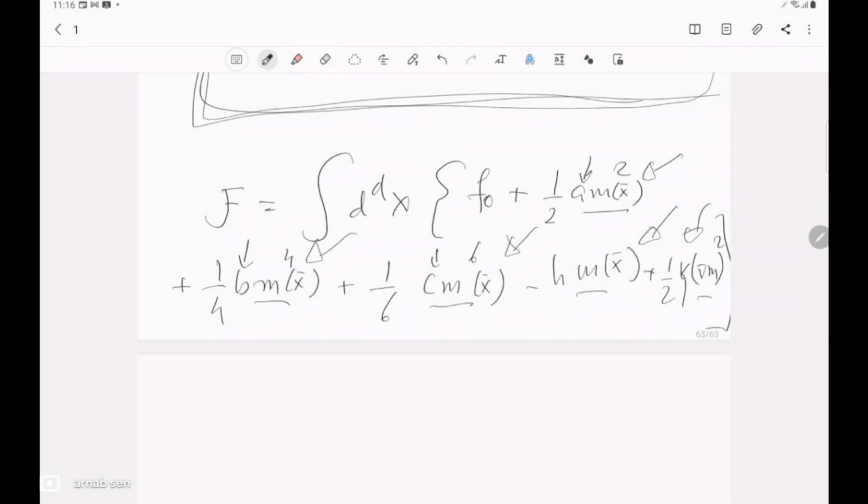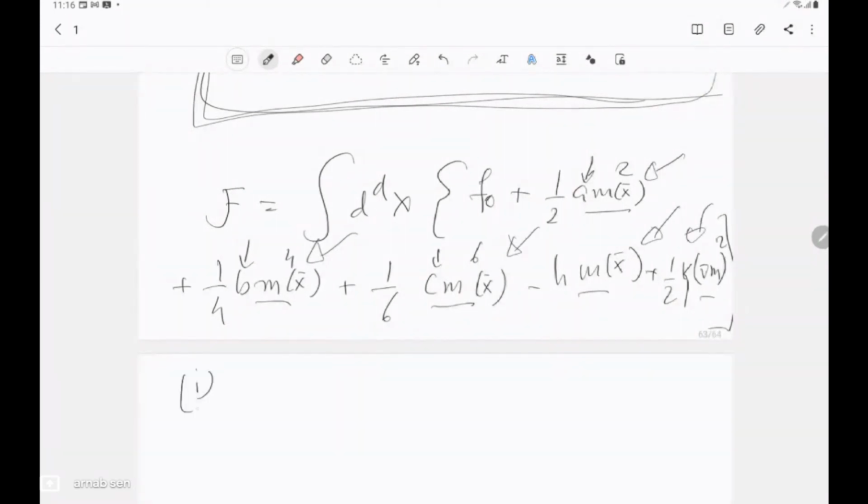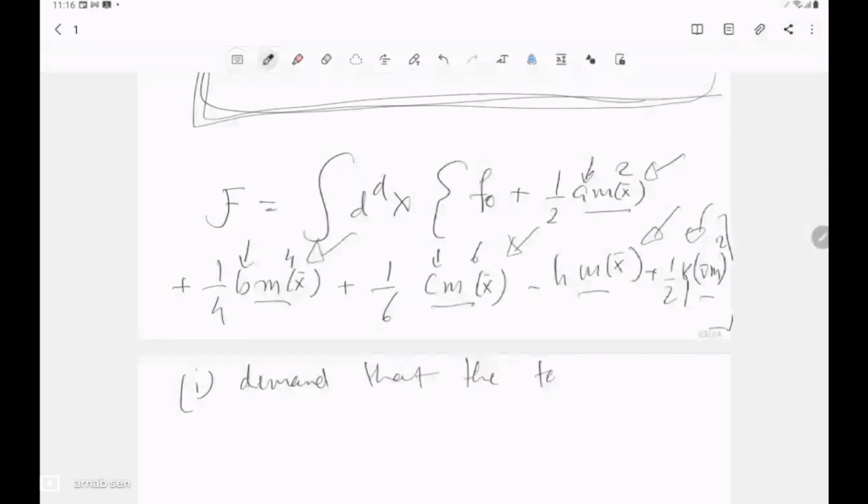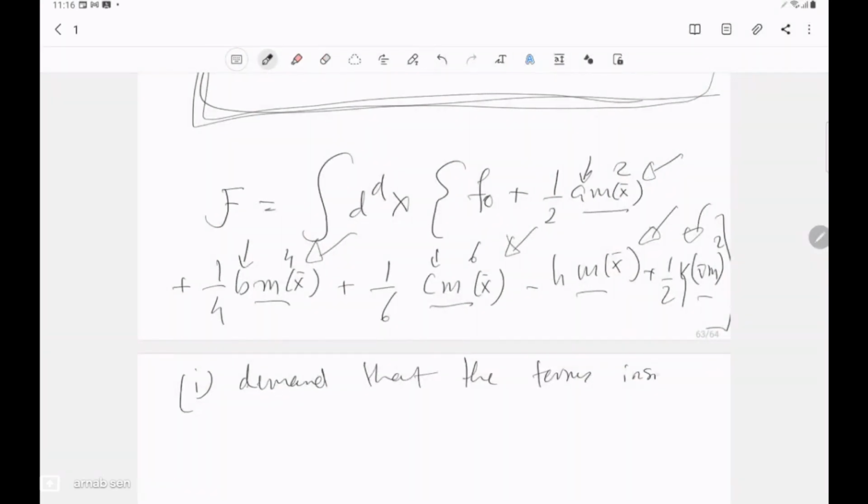Basically, to write down the terms, he said to demand that the terms inside are analytic.